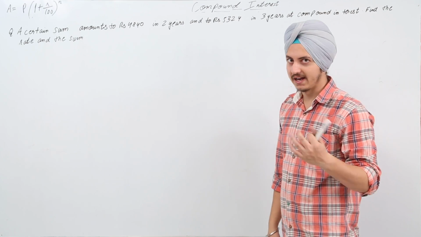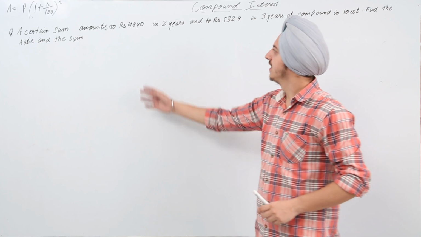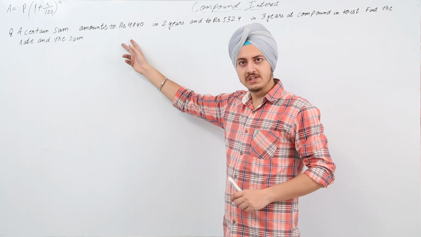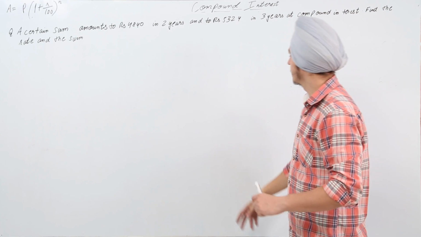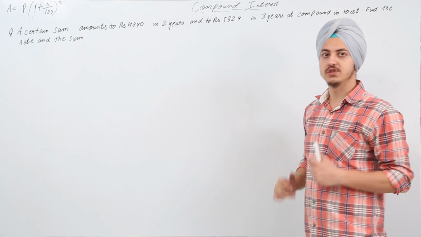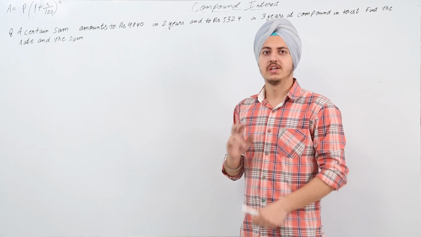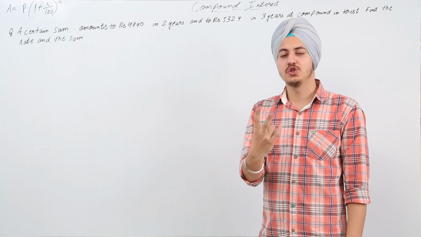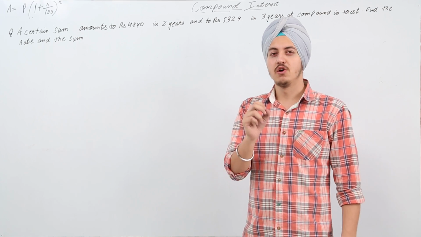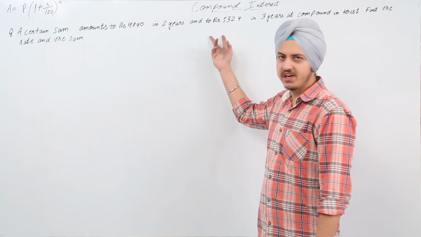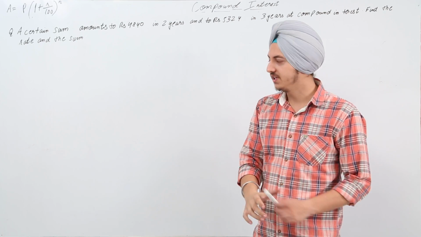We have to find out the principal and we have to find out the rate of interest. Again, we are given the total sum after 2 years and the total sum after 3 years. So what do we do now? We know that the total sum after 2 years is the principal for the third year. Am I right? We all know that? Yes.